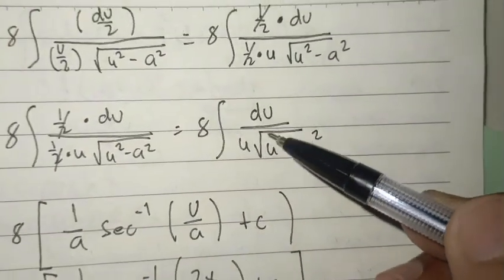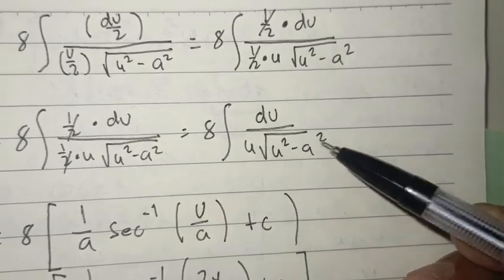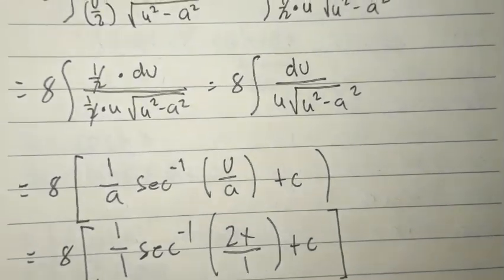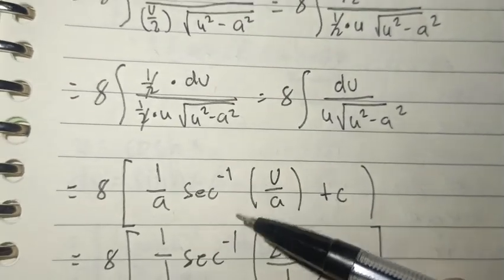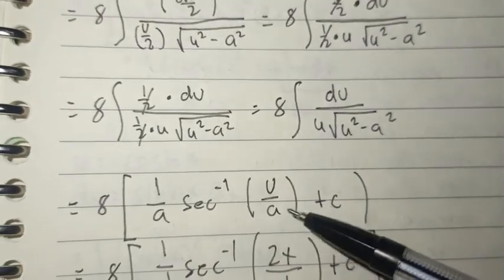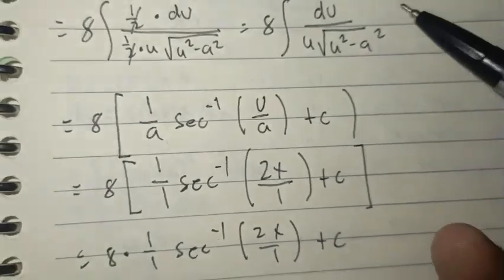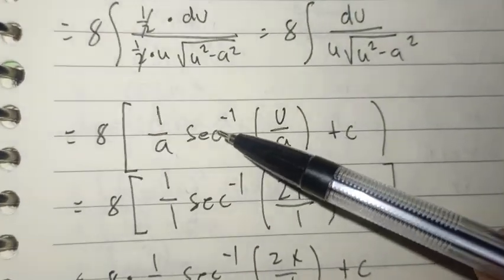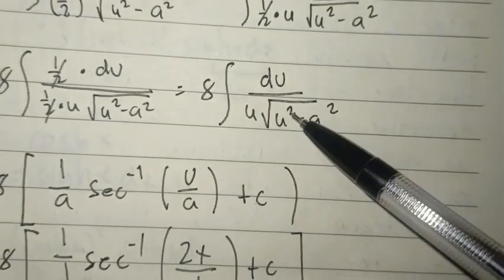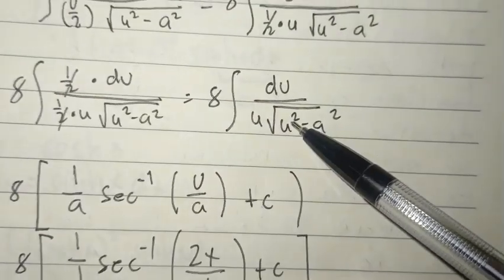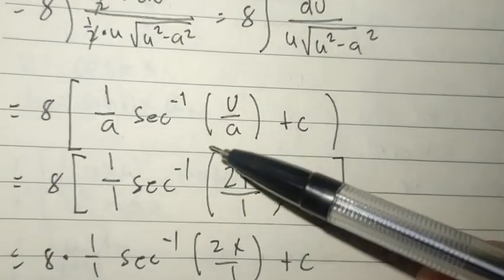So the expression du over u square root of u squared minus a squared is similar to the expression in our trigonometric formula, which is 1 over a secant inverse of u over a. Now we're going to proceed with our trig expression that is equal to our previous integral to solve.